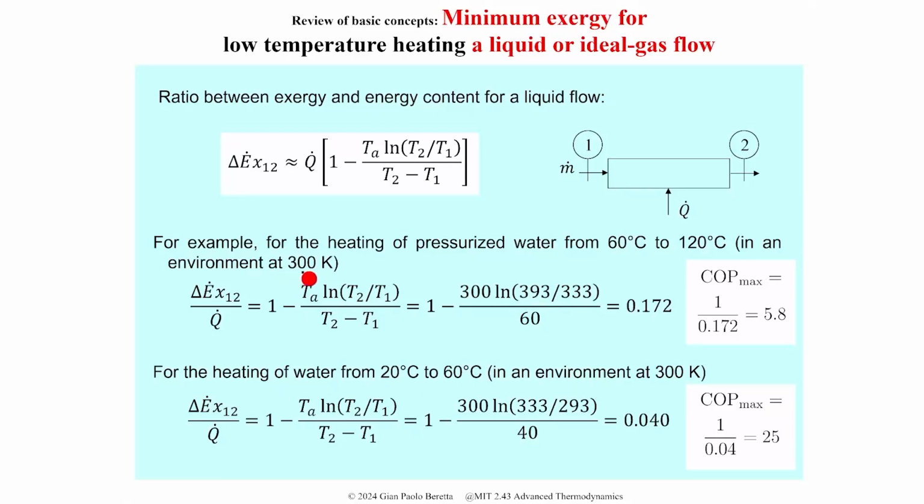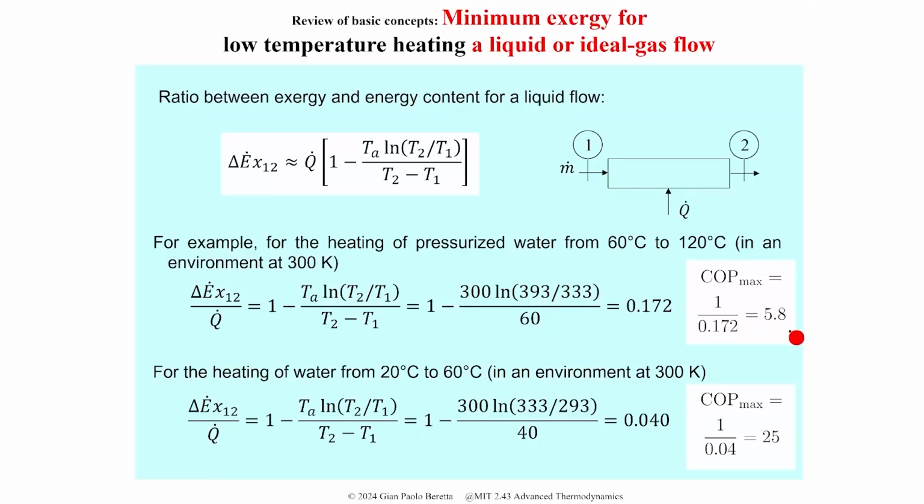So here, for example, if I take 300 K, here's the number. The Carnot ratio is 17.2%. And its inverse, which is the maximum COP for the heat pump, therefore is 5.8.